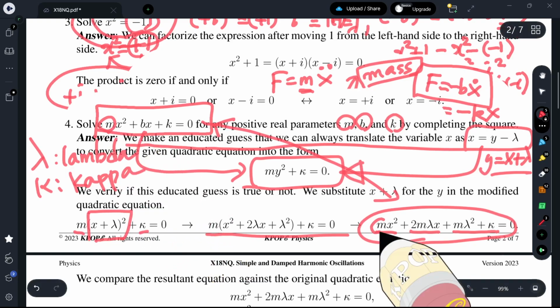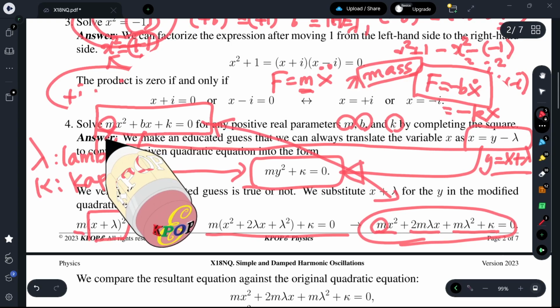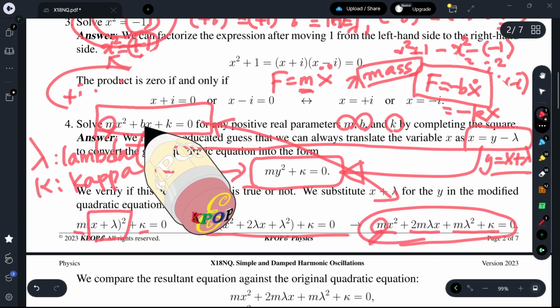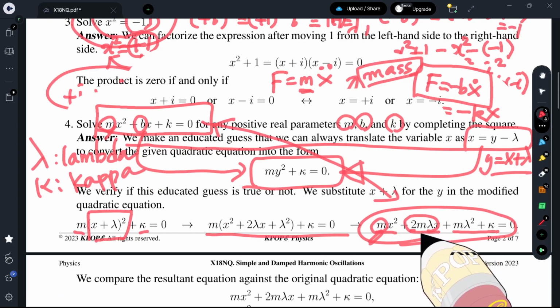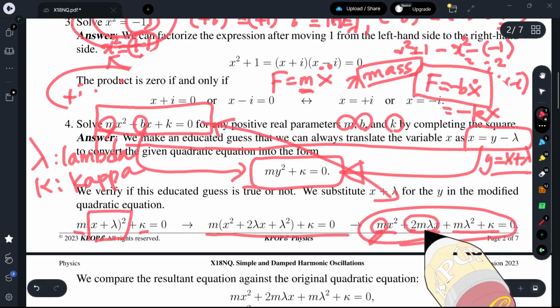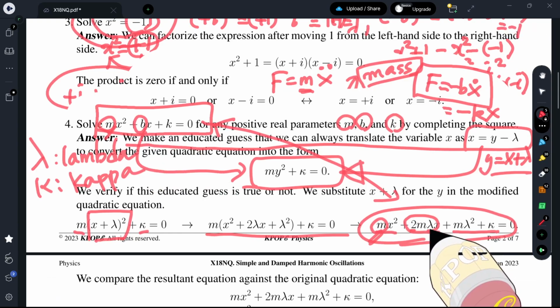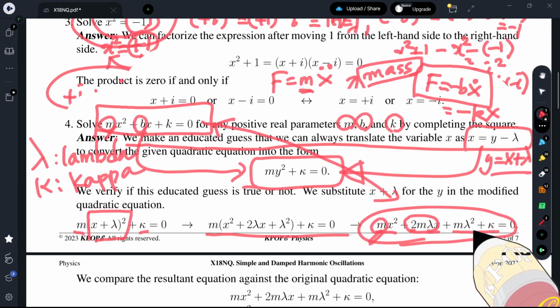M should be the same. It's fine. It's already satisfied. B should be 2m lambda. Because m is already known, B is dependent upon lambda. Okay, lambda has been determined from this comparison. Once I know the lambda, then I can substitute this one here.